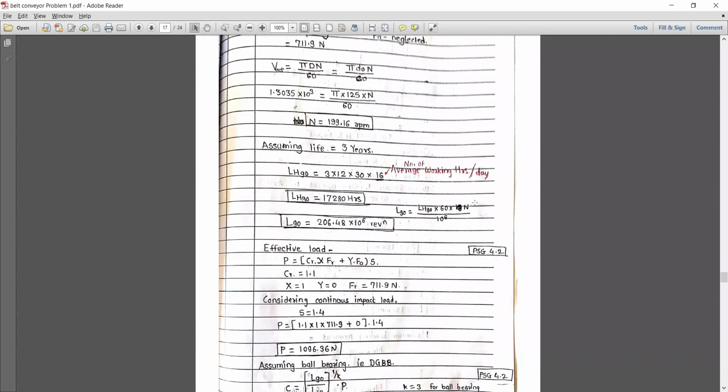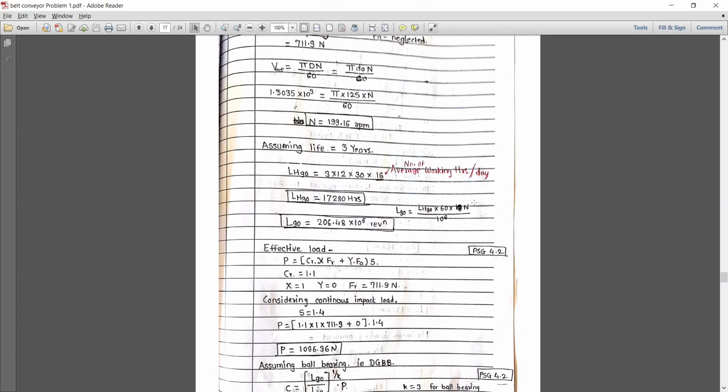Actual velocity: we know the outer diameter of the roller is 125 mm. Based on this, the calculated speed is 199.16 rpm.